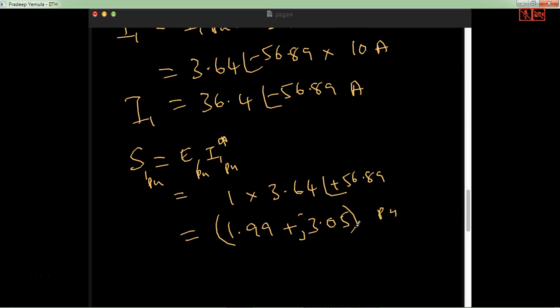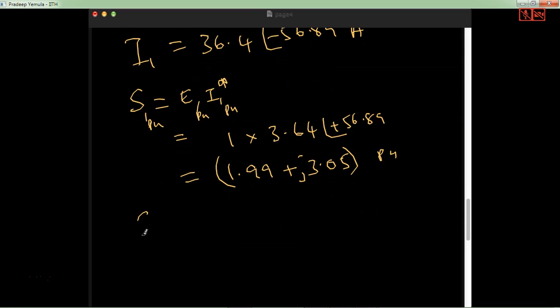So now actual S1 is nothing but multiply by base. So I'll get 1990 plus J3050, because if you multiply by actual base, you will get this. So again, I noticed that the answers are matching.